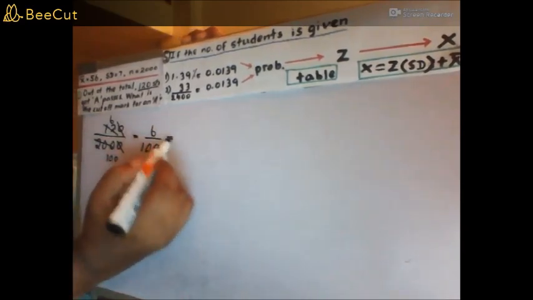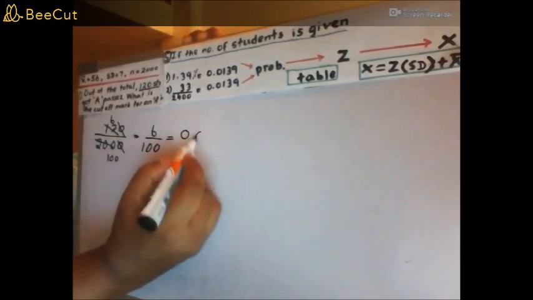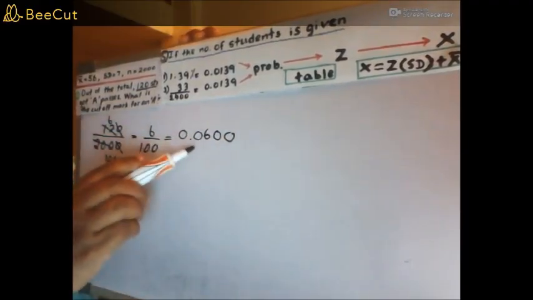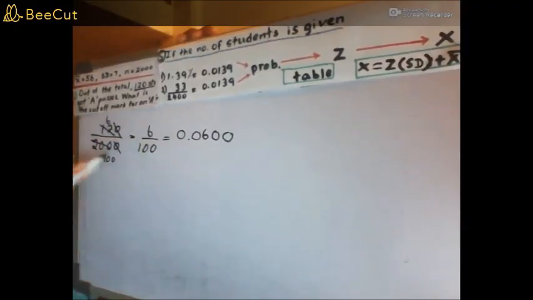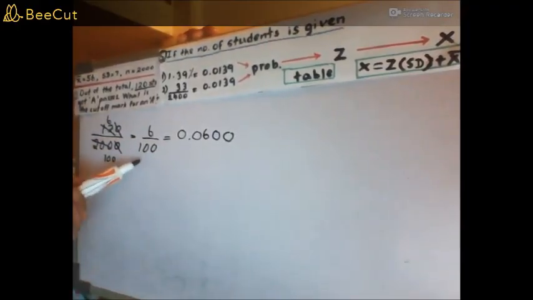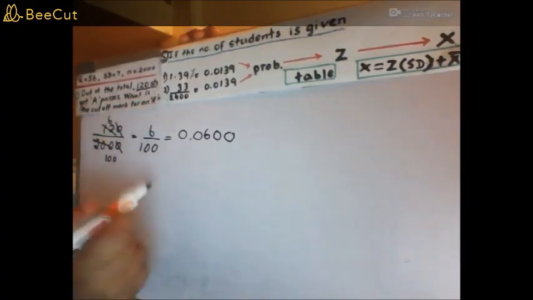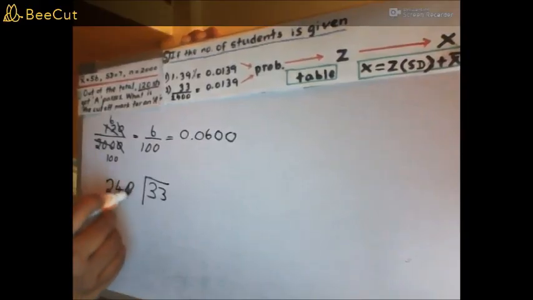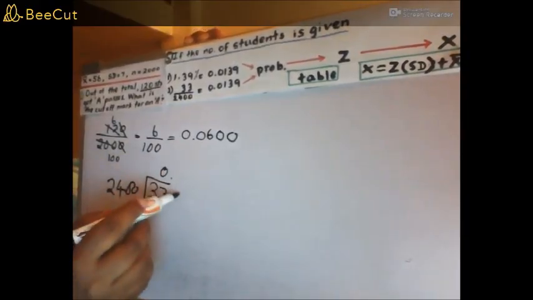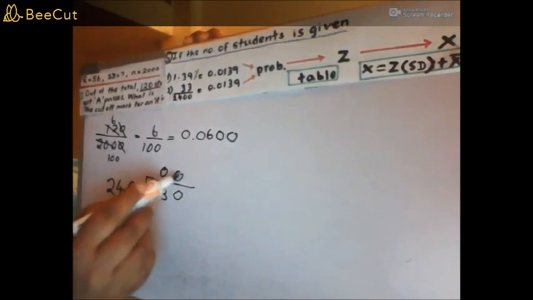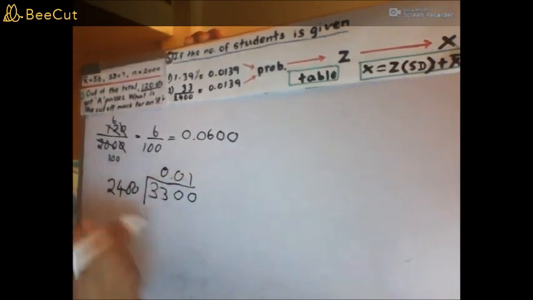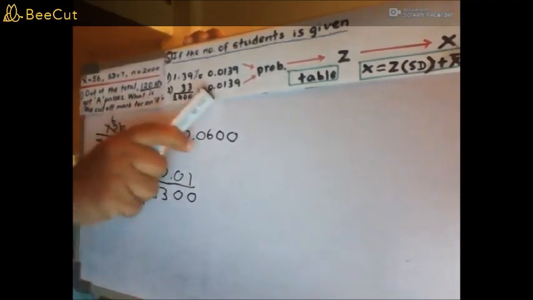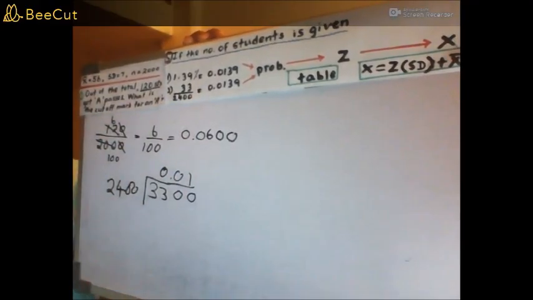So what is the probability? 0.0600. We have to get it into 4 decimals. You know how to do this, so it is easy here. But if you have 33 divided by 2400, you know how to do this. You put 0 here. Likewise, you will have to divide and get the probability in 4 decimals.